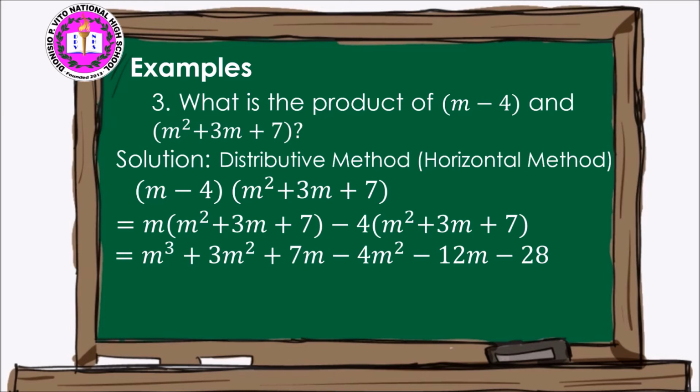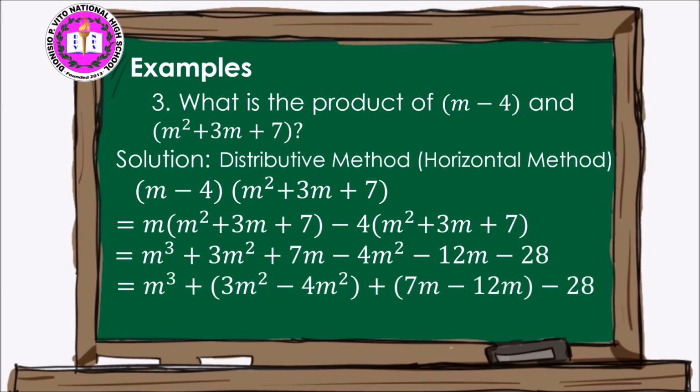Then negative 4 times m squared is equal to negative 4m squared. Then negative 4 times positive 3m is equal to negative 12m. Then negative 4 times positive 7 is equal to negative 28. So we're going to combine like terms or similar variables.